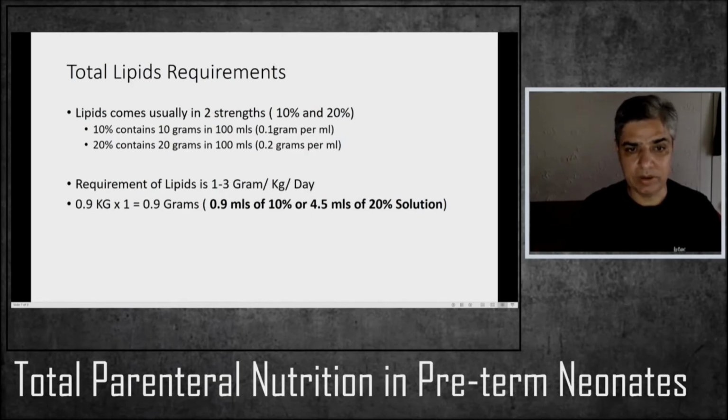Because he weighs 0.9 kg, we multiply it by 1, which gives us a value of 0.9 grams of lipids. If we are using 10% lipid solution, this 0.9 gram would be equal to 9 mils, or if we are using the 20% strength lipid solution, then it would equal 4.5 mils of the 20% lipid solution. So you have calculated the lipid requirements as well.